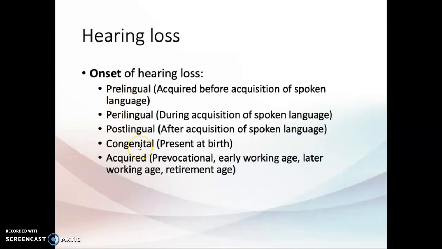So here are some definitions for the onset of hearing loss. Prelingual, which is acquired before the acquisition of spoken language. Perilingual, during the acquisition of spoken language. And there's no set, agreed upon ages for this. And then there's postlingual, which is acquired after spoken language has already been acquired.